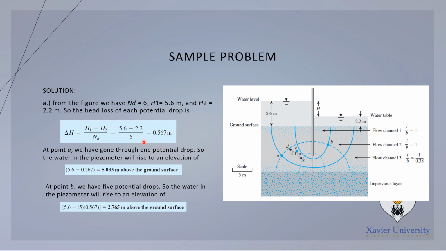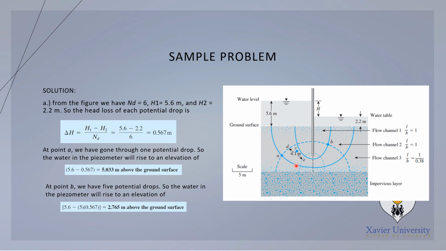That would be equal to H1 minus H2 over the number of drops. It's actually this one minus this one divided by the number of equipotential drops, or the potential drops rather, or our ND. So H1 5.6 minus 2.2 divided by ND nga 6 kabuok, is equal to 0.567 meters.